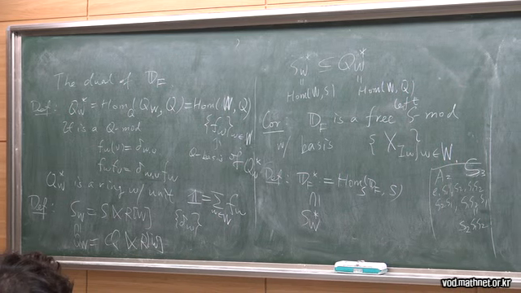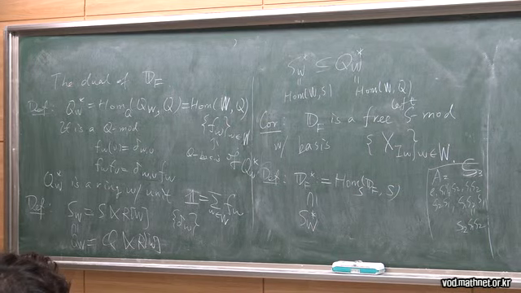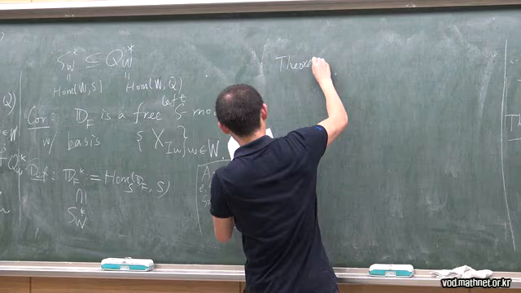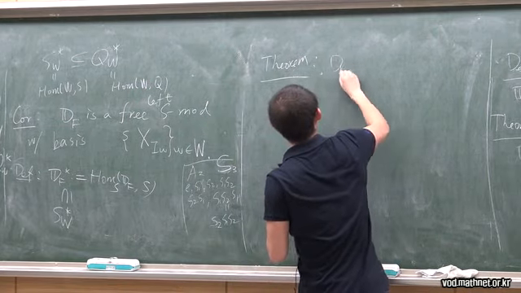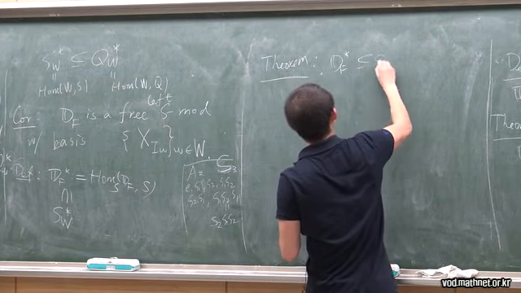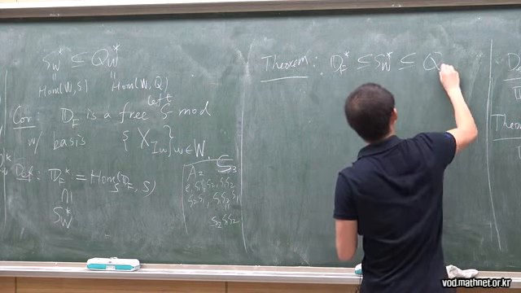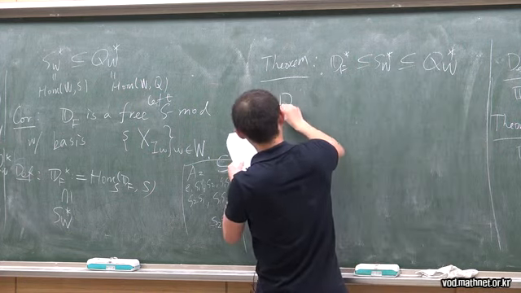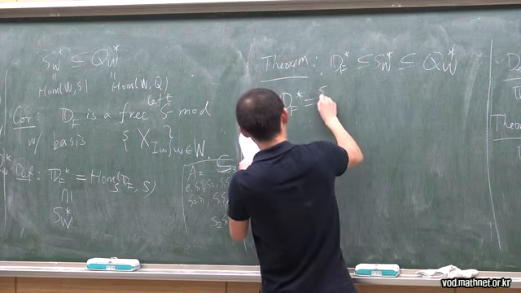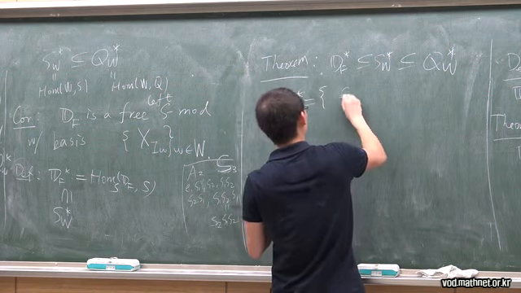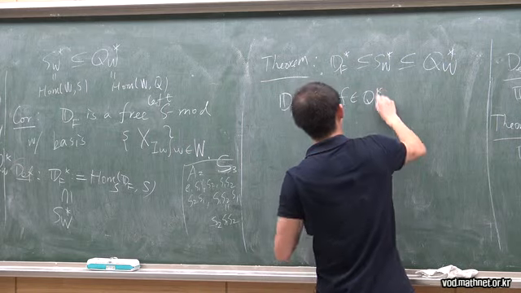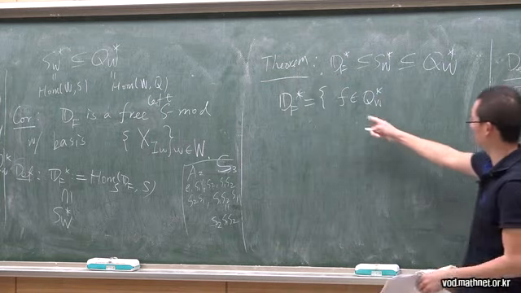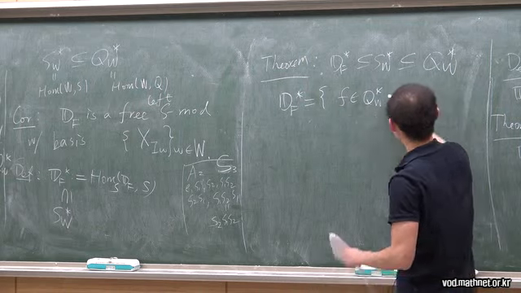So then we have the following theorem, which factorizes this: D_F star containing S_W star containing Q_W star, and D_F star is equal to the set of such F. From now on, I will use z to denote elements from Q_W and f to denote functions in Q_W star.